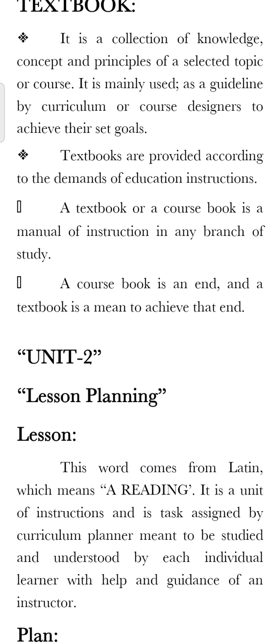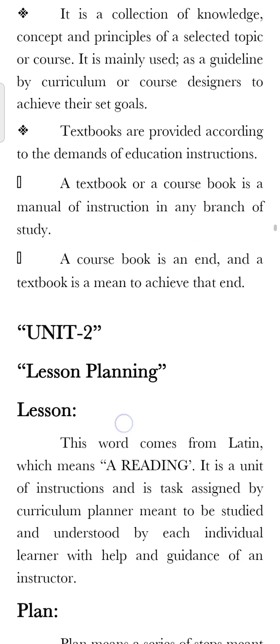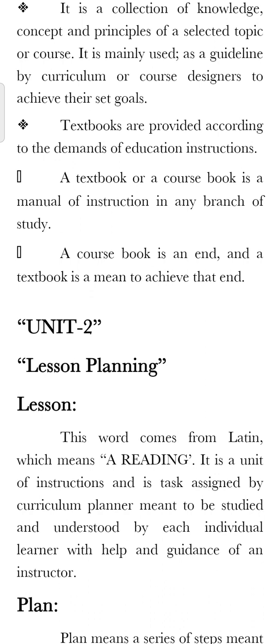A textbook or course book is a manual of instruction in any branch of study. The course book and textbook over here, both of them are used synonymously. A course book is an end and a textbook is a means to achieve that end.